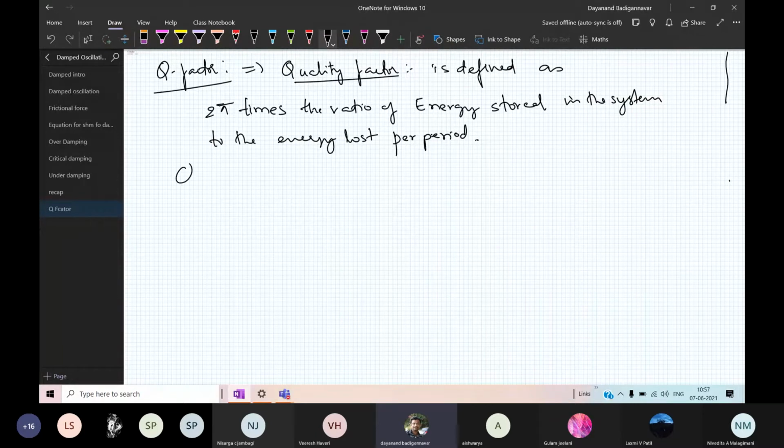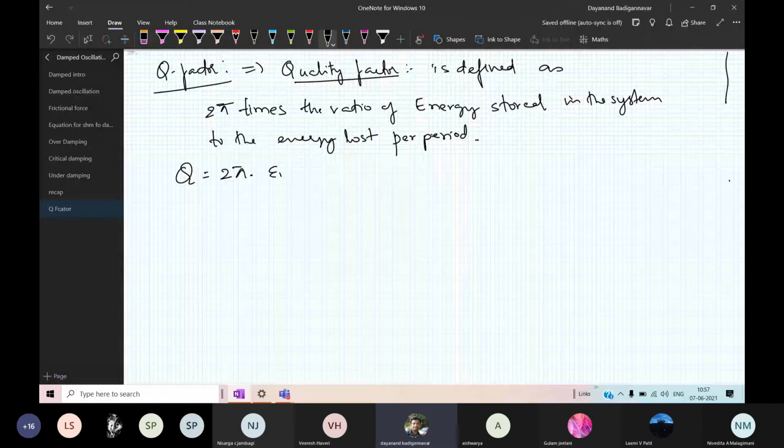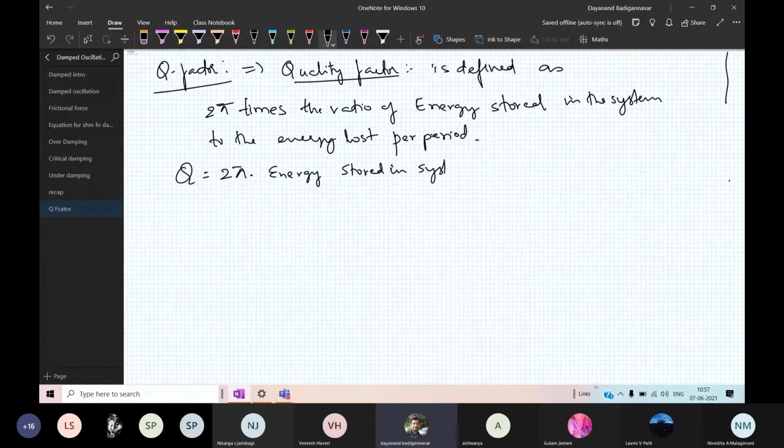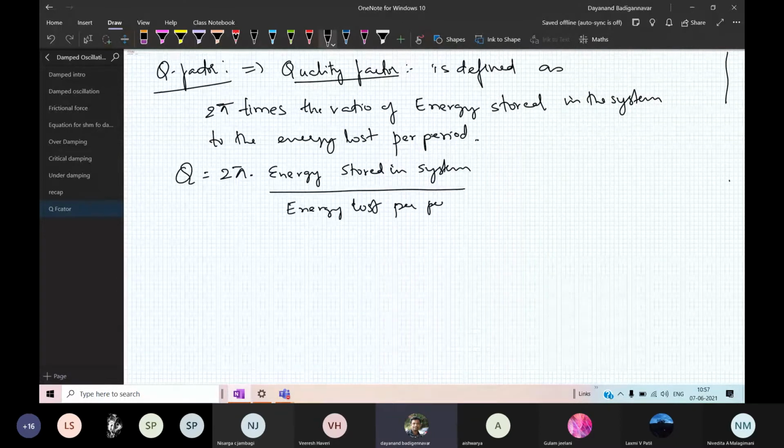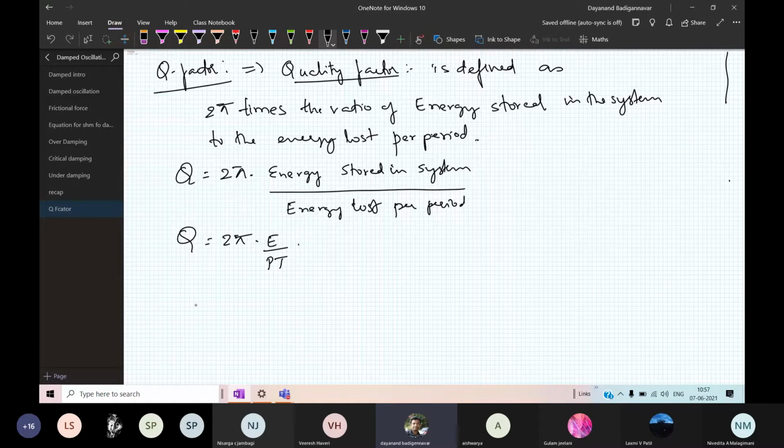Now, if I write it like this, Q is equal to 2 pi times the ratio of energy stored in the system, E, divided by energy lost per period, P into T. After some mathematical analysis, we can write the value of Q as omega into tau, where omega is the angular frequency and tau is the relaxation time.